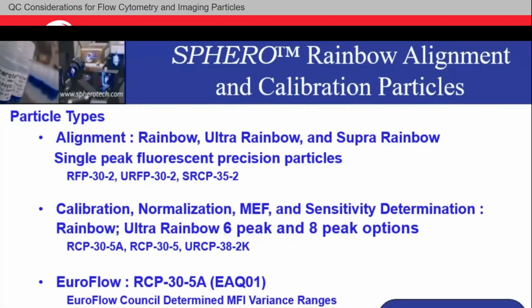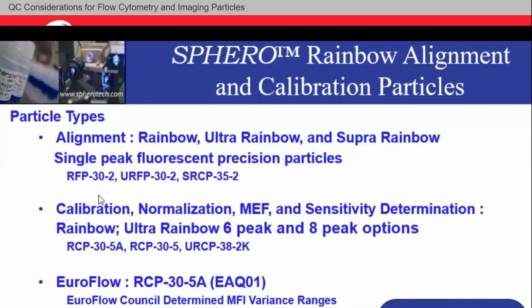You'll often hear in the business, if you haven't heard already, 6-peak or more commonly 8-peak rainbow beads. And these can be used for calibration, normalization, MEF, which we'll get into, molecules of equivalent fluorophore, not to be confused with ERF, which we're going to talk about down here, equivalent reference fluorochrome.